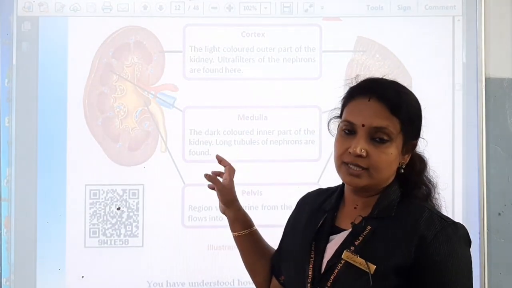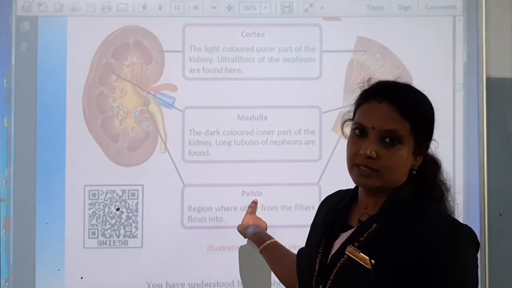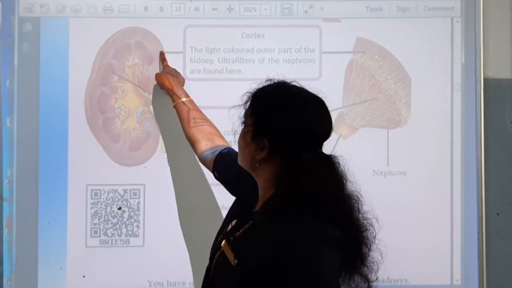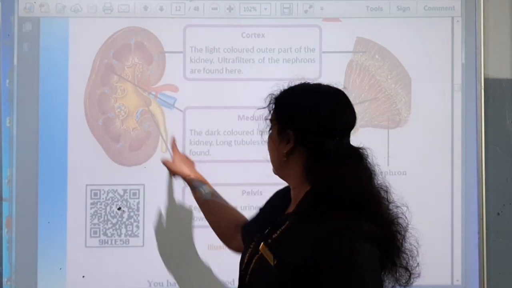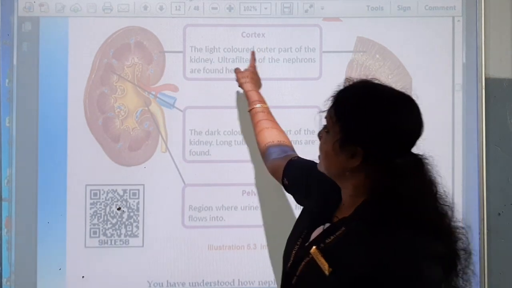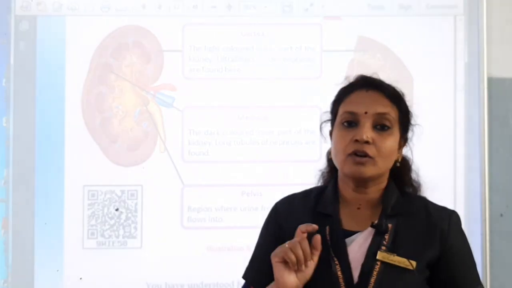The major parts of kidney are the cortex, medulla, and pelvis. Cortex is the light colored outer part of the kidney, where the Bowman's capsule, the main part of the nephron, is situated.